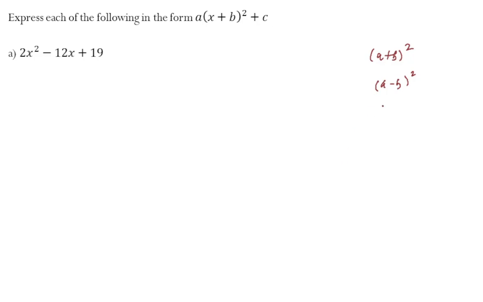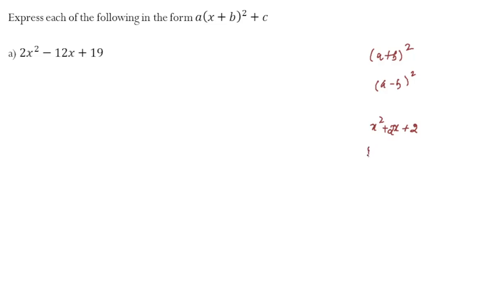So let's see a small simple example, and then we can continue with the problem we are going to discuss. x squared plus 2x plus 2. This is somewhat a familiar question, but here, instead of 1, I put 2.